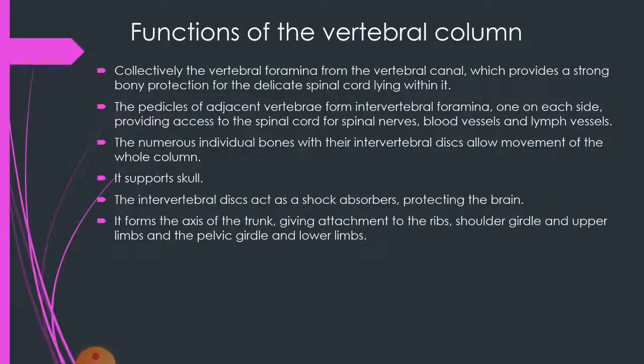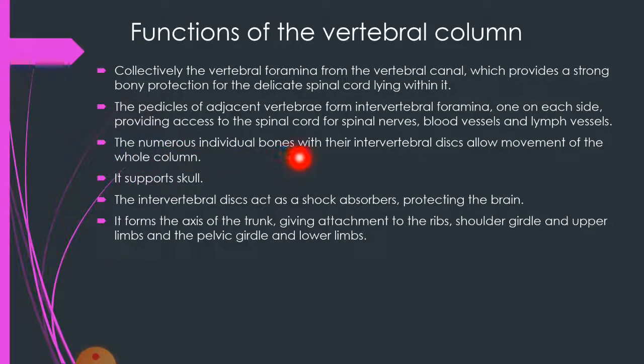The functions of the vertebral column: collectively, the vertebral foramina form the vertebral canal, which provides a strong bony protection for the delicate spinal cord lying within it. The pedicles of the adjacent vertebra form the intervertebral foramina, one on each side, providing access to the spinal cord for the spinal nerves, blood vessels and the lymph vessels.